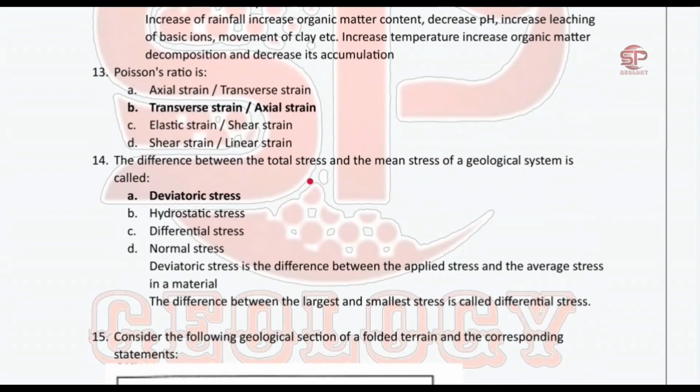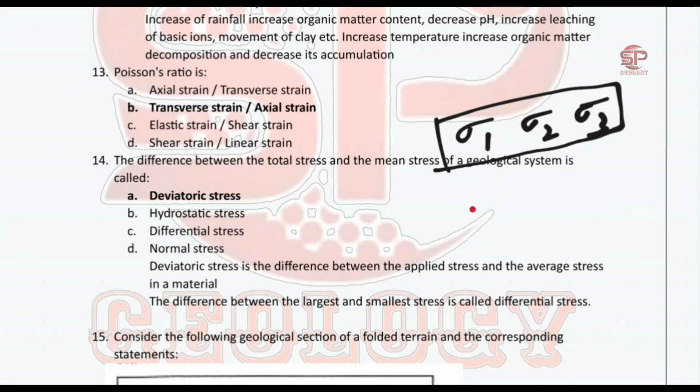Then comes the difference between the total stress and the mean stress of a geological system. The total stresses are, suppose, sigma 1, sigma 2, sigma 3.